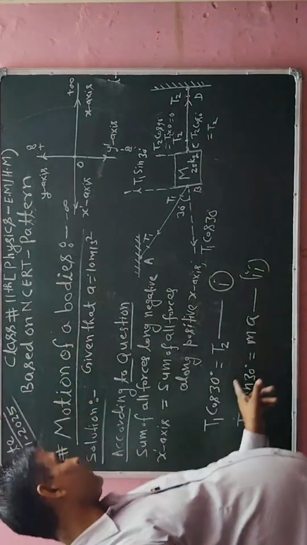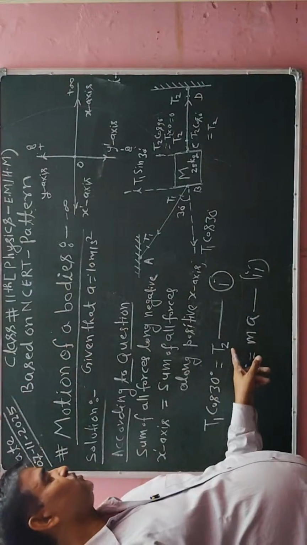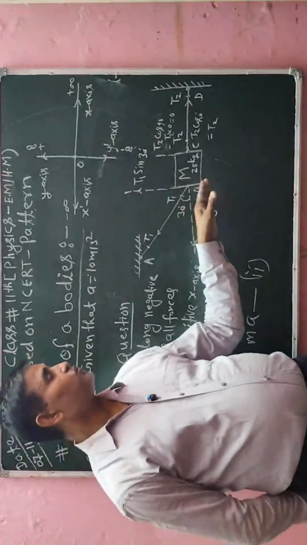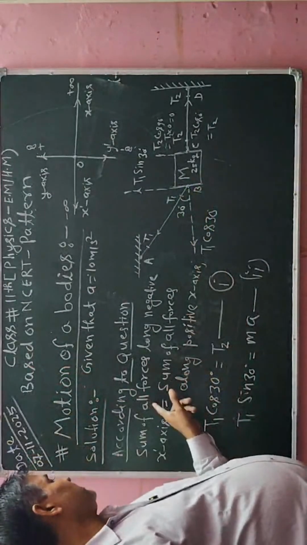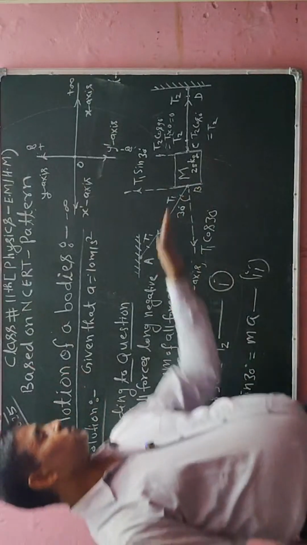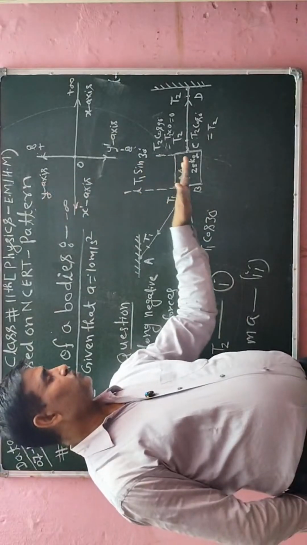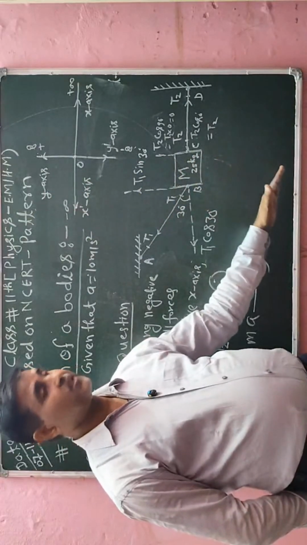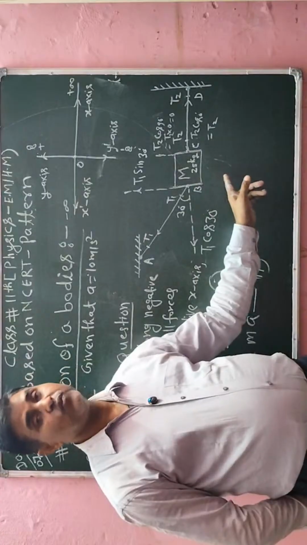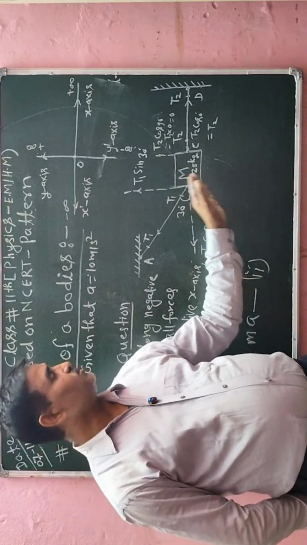So I have to write here T1 cos theta, which is equal to T2, but we also have to follow this statement: the sum of all forces along the y-axis will be equal to the sum of all forces along the negative y-axis. There is no force along the negative y-axis.